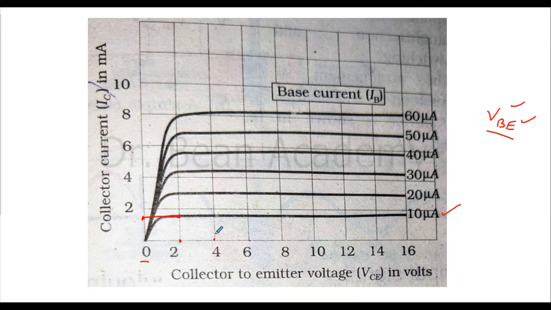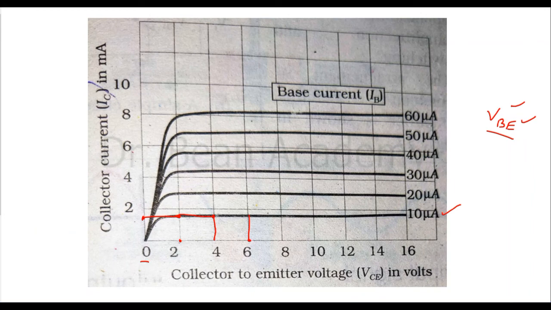Then I set the voltage across the collector and emitter to 4 volts, and then I will just see the corresponding current. So you see, even if I am increasing the voltage, the current is the same. It's around 1.8, and let me check what the unit is. It's milliamperes.